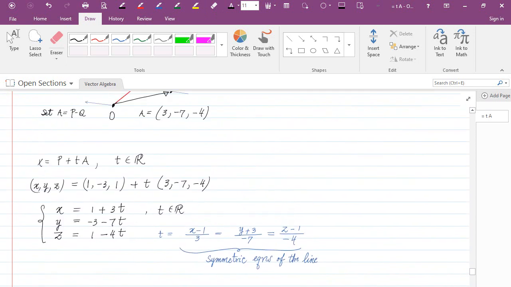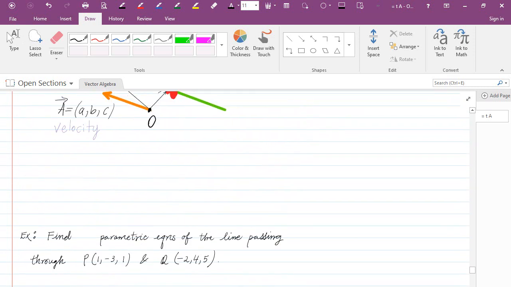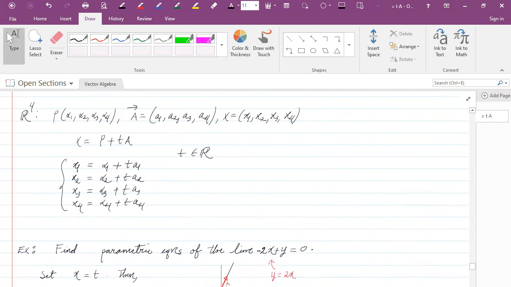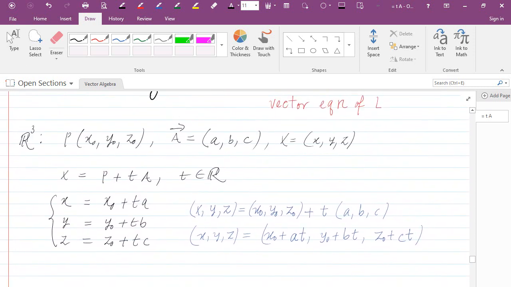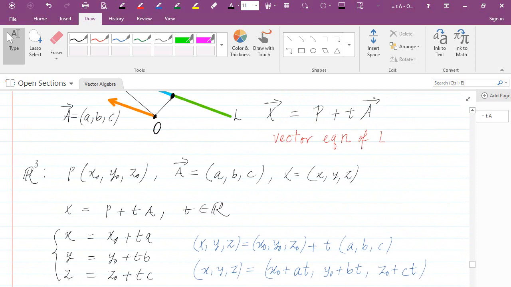Before I forget, I wanted to mention one more thing, which is going back to the parametric equations of a line. Notice that once we write down the parametric equations of a line, the coefficients of t, a, b, c, form the parallel vector to the line.